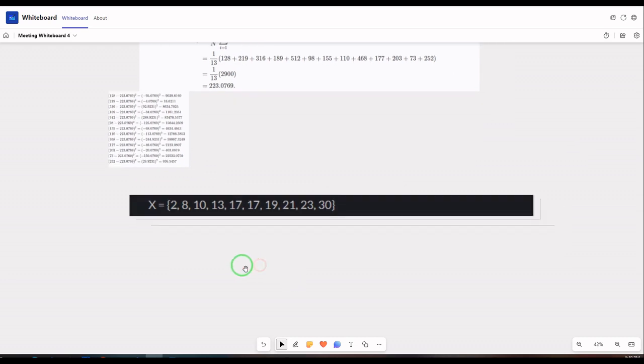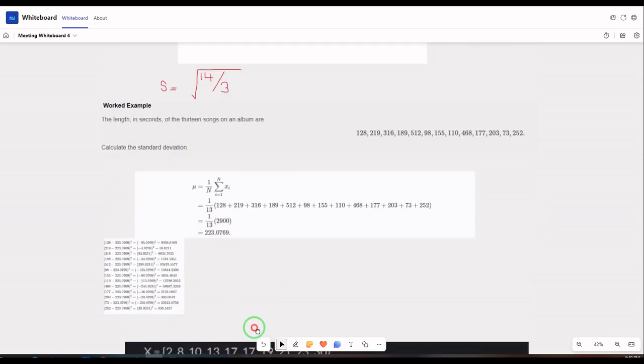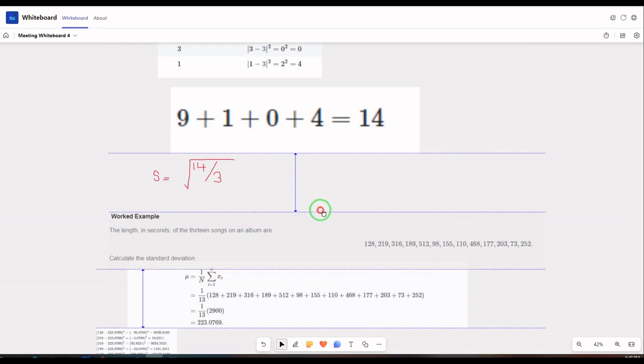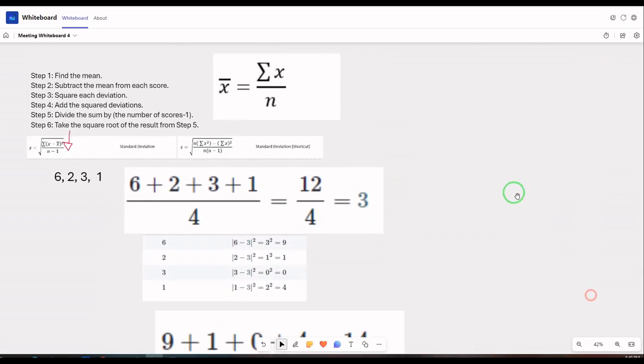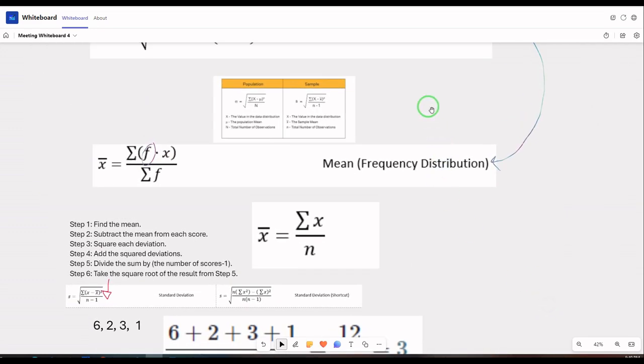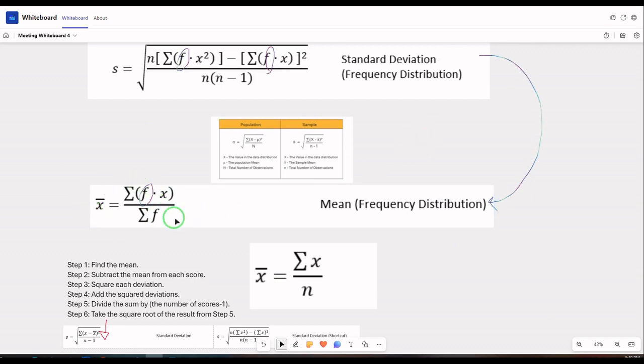Okay, so here what you can do is to either consider the formula having f on it, or follow the same steps, right? For this one, you can use this formula to find the average, and then use this one to calculate the standard deviation.